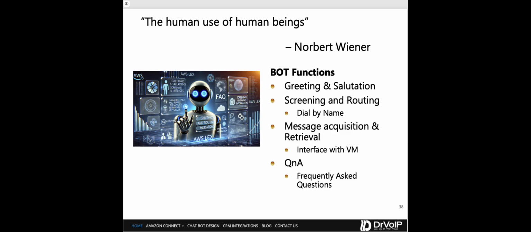We want it to screen the caller and route the caller. So let's create a dial by name capability. We want to be able to do message acquisition and message retrieval, so we'll need to interface with the voicemail system. And it'd be nice if the bot could handle frequently asked questions.